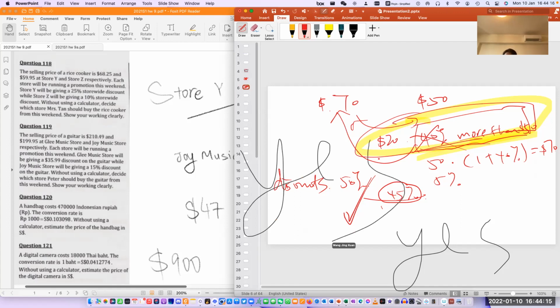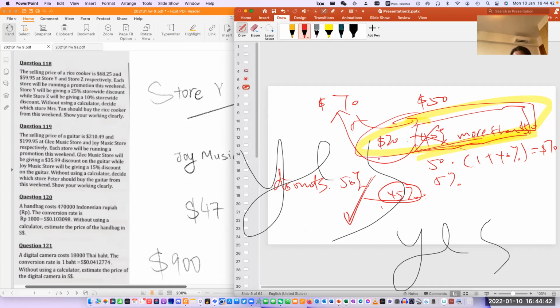So I'm giving you another perspective to look at such questions. Both estimations work, but whichever suits you more, please use that. When it comes to secondary school, what I'm teaching you is not just one solution.